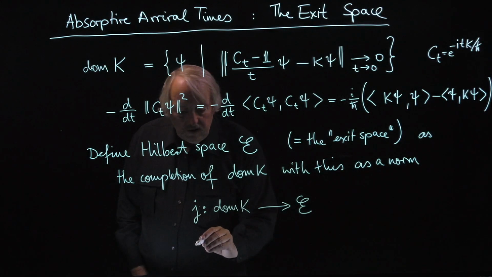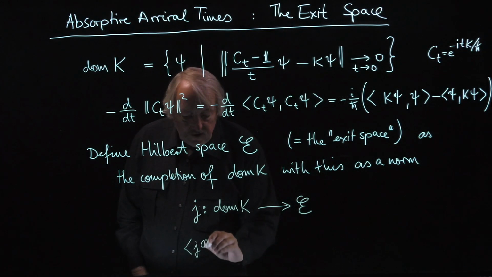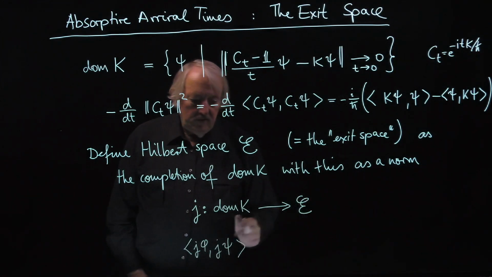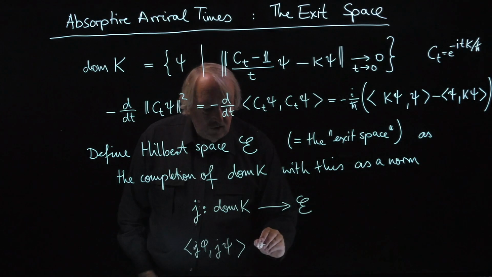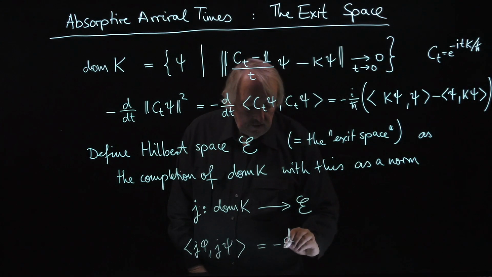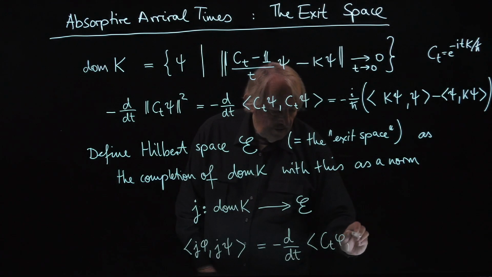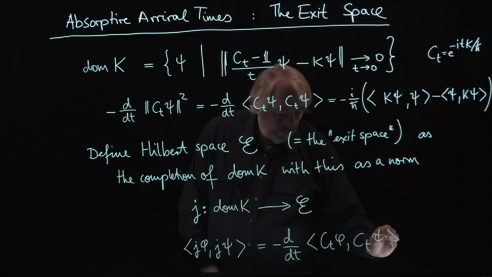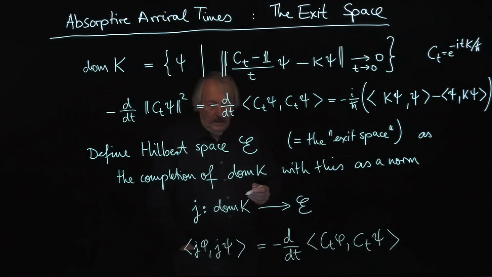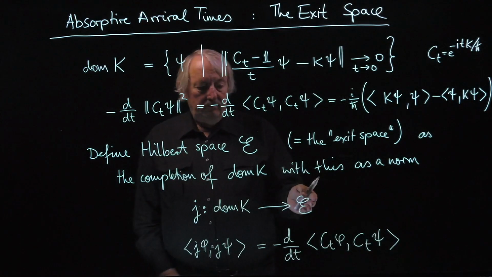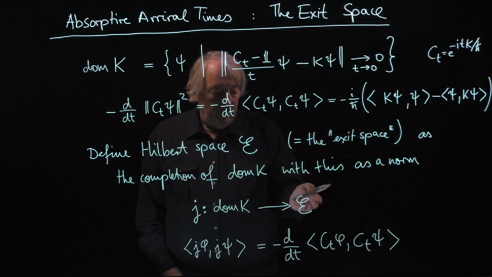So actually, we know that the scalar product of j phi and j psi, the scalar product of the embedded vectors, is just minus d by dt of the scalar product of ct phi and ct psi. Right? If you really define E as the completion, then every vector, the exit space is generated by such vectors.